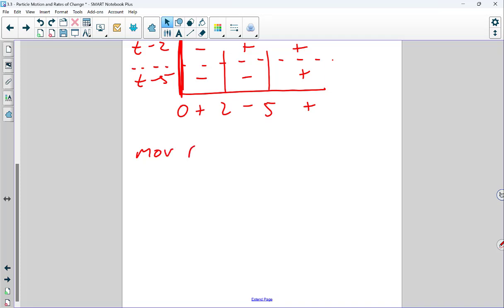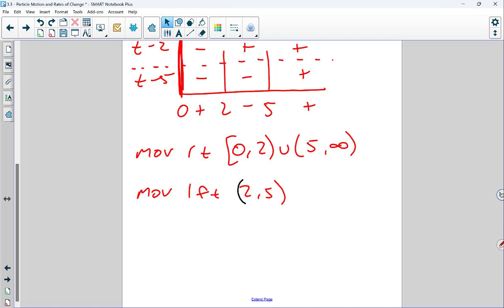So we are moving right from 0 to 2, union 5 to infinity. Same issue that we had previously at 0. At time 0, the velocity is positive, so it is moving to the right at 0. And then moving to the left from 2 to 5.